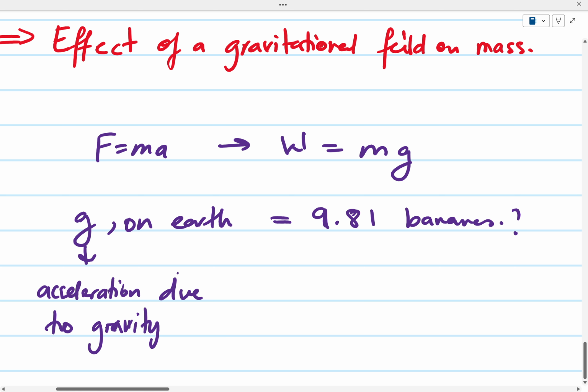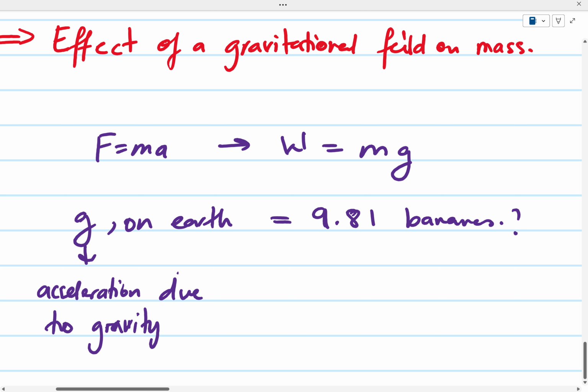The vector nature of the second law: we know that we have different directions, a y-axis and an x-axis. If we have a vector of, let's say, 5 newtons in this direction, we have an x component here and a y component here.